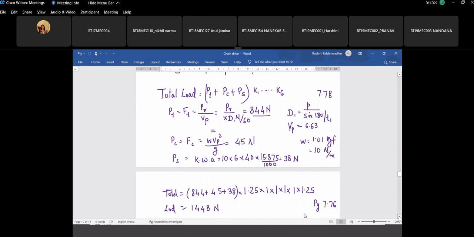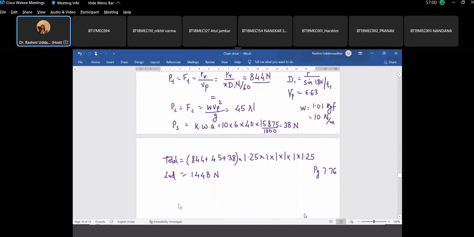Okay. What is the breaking load? 22.2 kilonewton, which means what is the factor of safety we are having? The allowable breaking load is 22.2 kilonewton and this is 1.448. So this is the factor of safety, and the range of factor of safety is also given on page number 7.77.